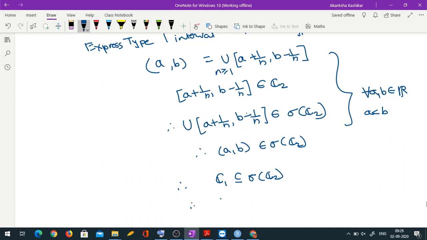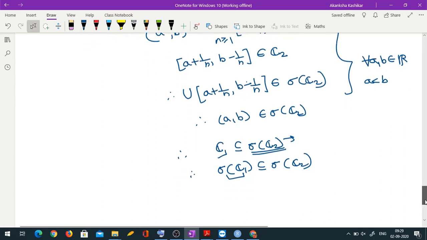And therefore, minimal sigma field generated by C1 is the smallest sigma field, so it must be subset of sigma C2. From here, this sigma field, sigma C2, contains C1, so minimal sigma field generated by C1 must be part of it.